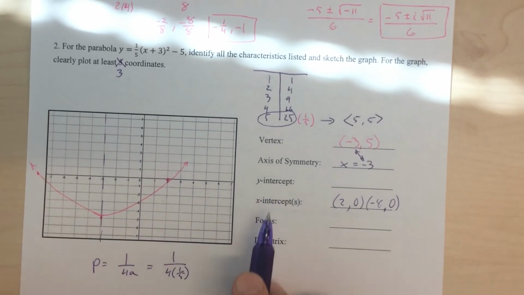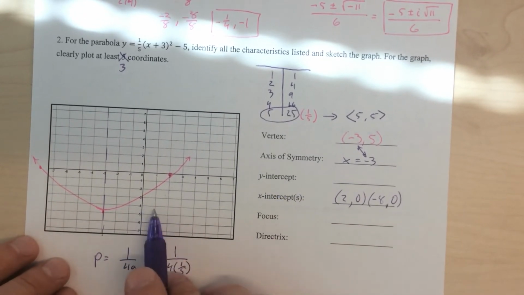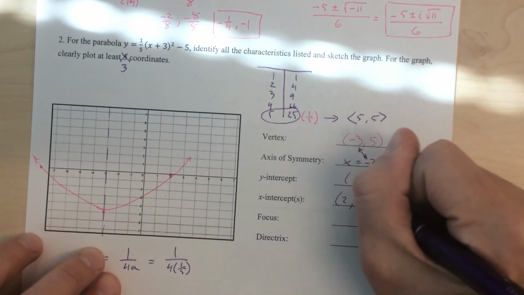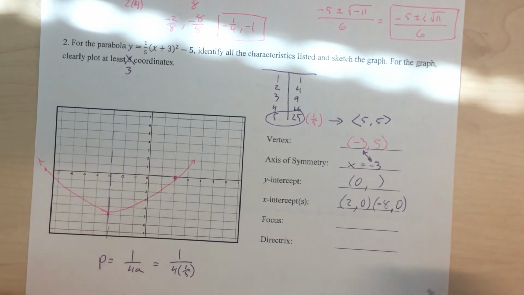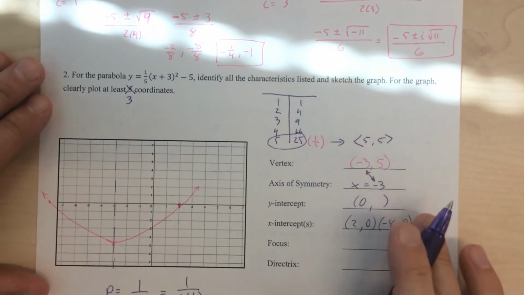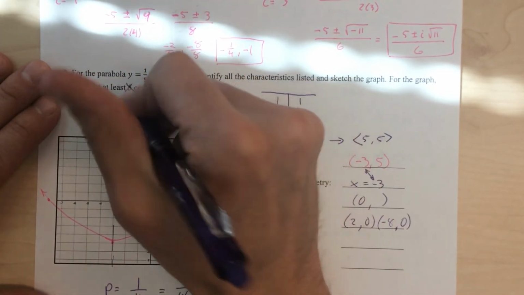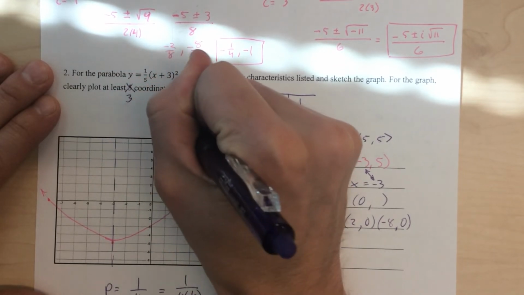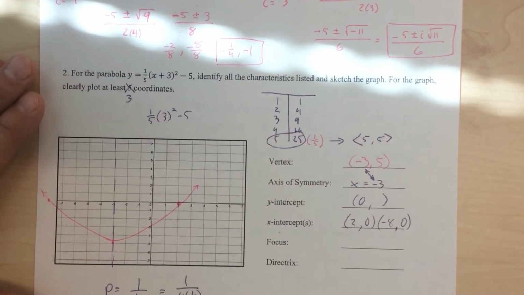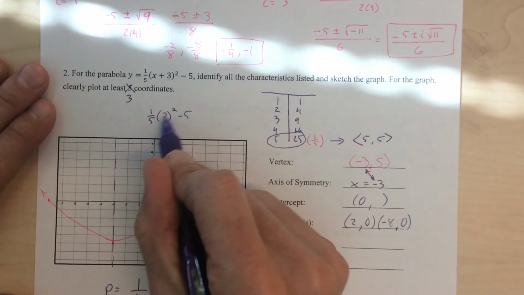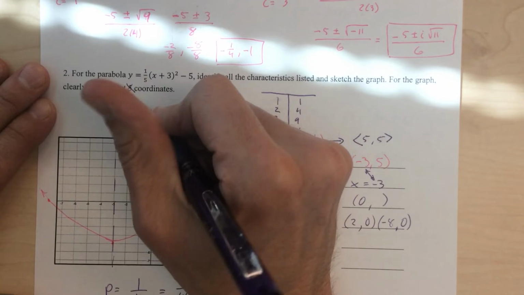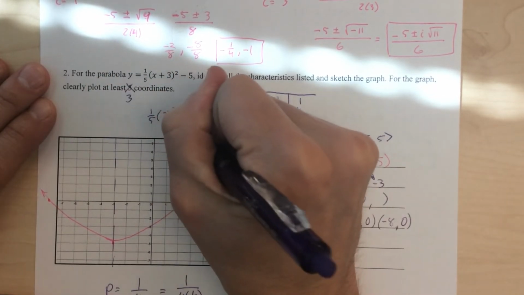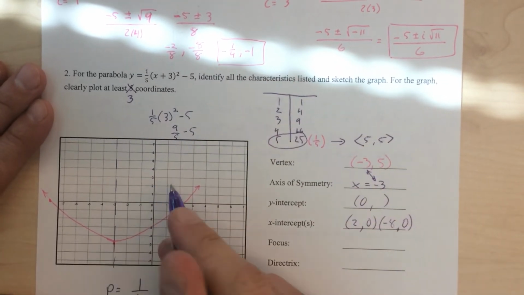All right, now the y-intercept, because it's not at a nice spot, what you can do is think of it as a coordinate with the x value being 0. So if I plug a 0 into the equation, I have 1/5 multiplied by 3 squared minus 5. Now this is going to be a 9, and 9 times 1/5 isn't anything really great. It's going to give you just 9/5, and we do need to subtract the 5 from it.